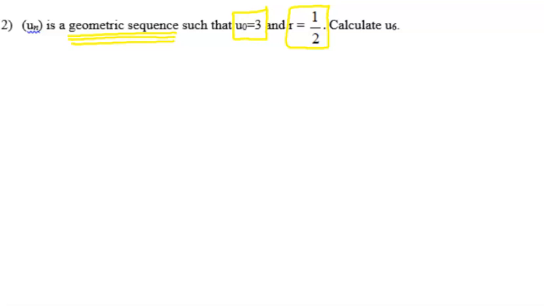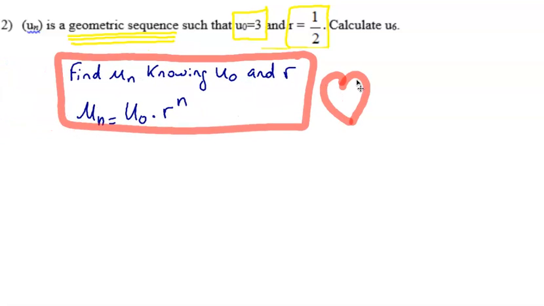The relation between any term of a geometric sequence and the first term u0 is un equal to the first term times the common ratio to the exponent n.